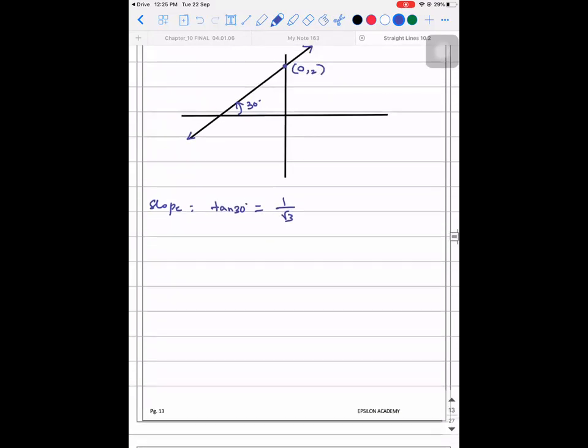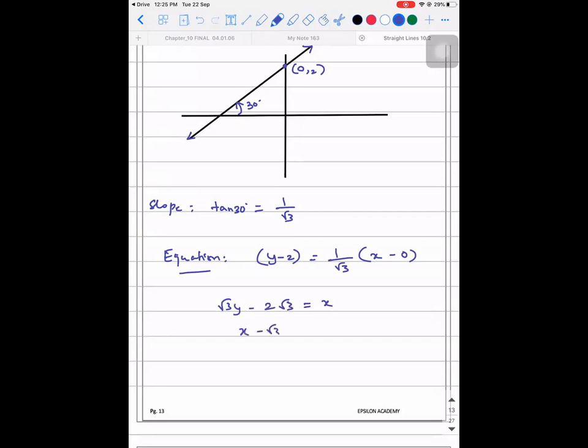So what will be the equation? y minus y1 is equal to m into x minus x1. Actually, it is y is equal to mx plus c, but I'm following the same method for all the problems. So root 3y minus 2 root 3 is equal to x.